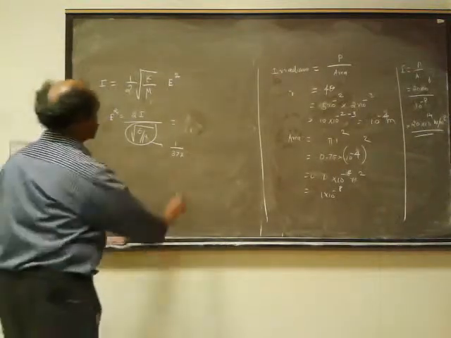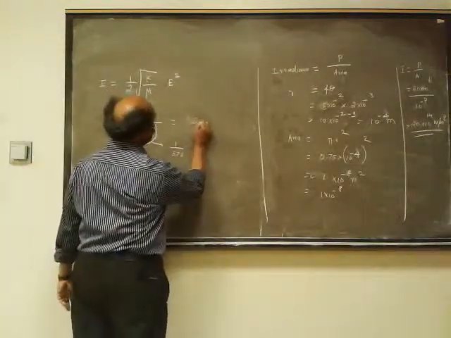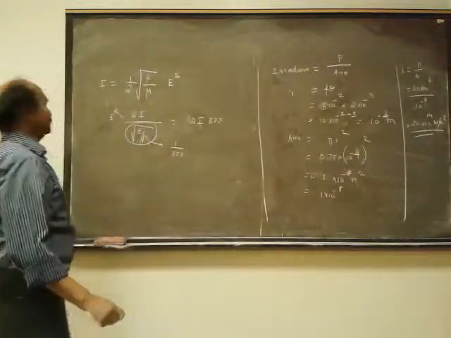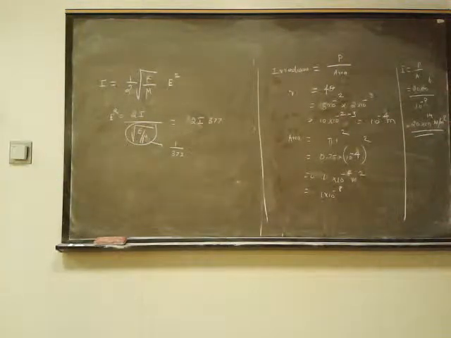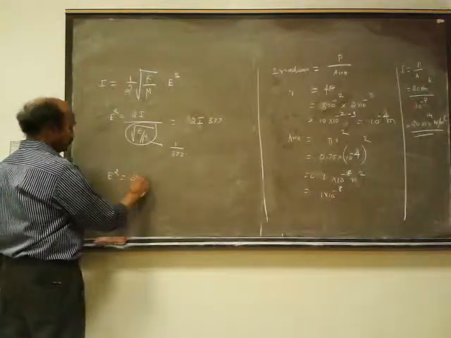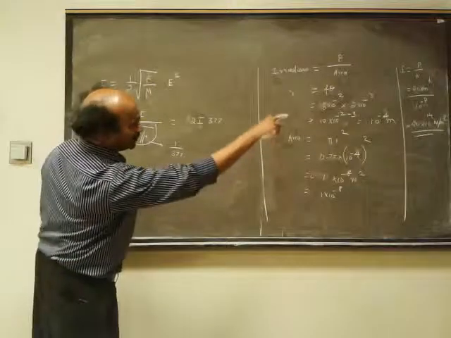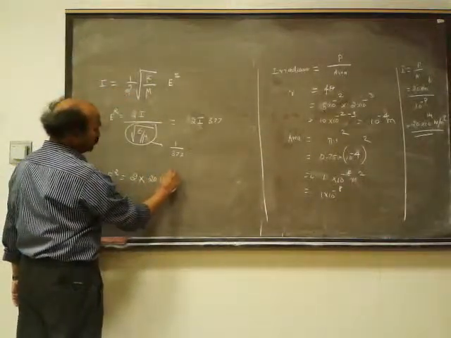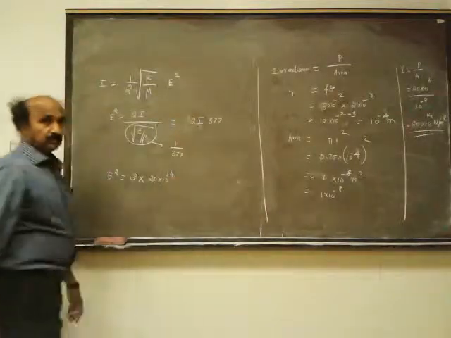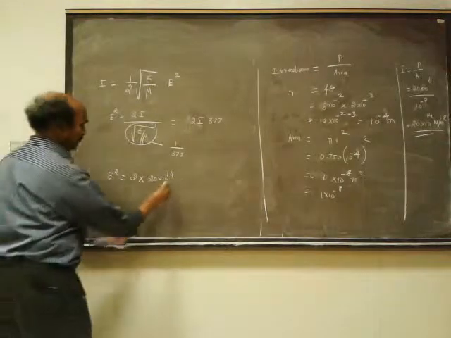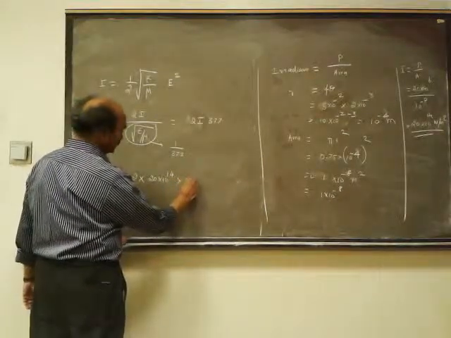So this becomes 2I times 377. Now, E square will be 2 times the irradiance, 20 into 10 power 14, times 377.